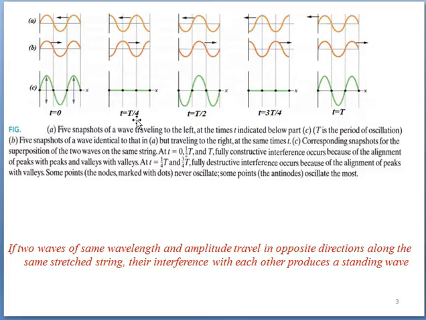At one-fourth of the time period, this wave will travel some distance to the right and this to the left. It should cover a distance of lambda by 4 in T by 4 seconds. So the zero of this wave is shifted to this position, and this one is shifted forward, so its peak arrives over here.